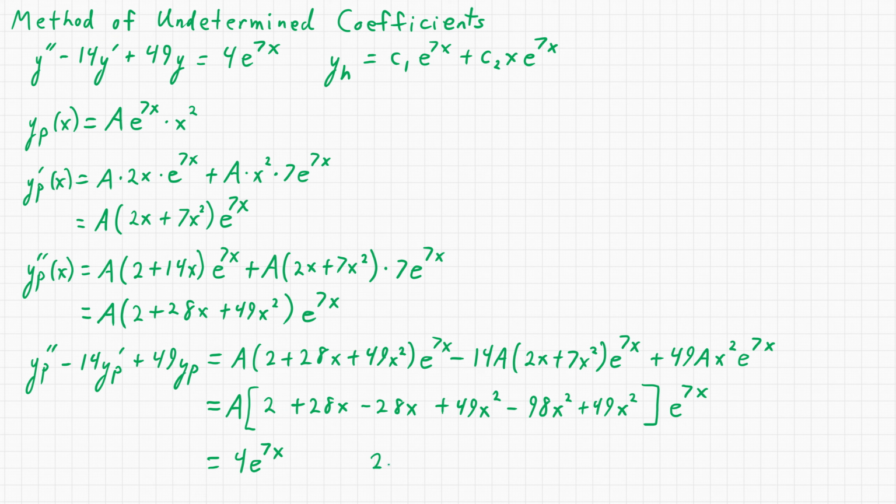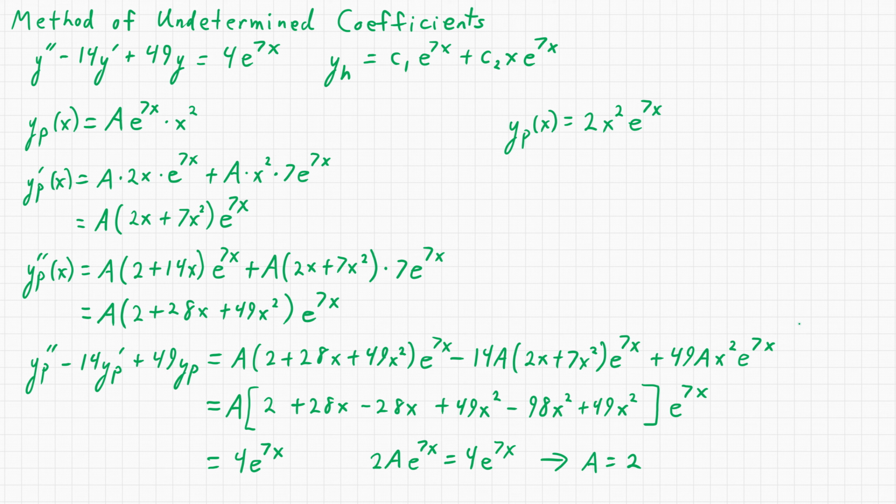So we have 2a e to the 7x equals 4 e to the 7x. And that's not that bad. A is equal to 2. So then we go back up here, and I'll write it in. So y particular of x is 2x squared e to the 7x. And that's the particular solution.